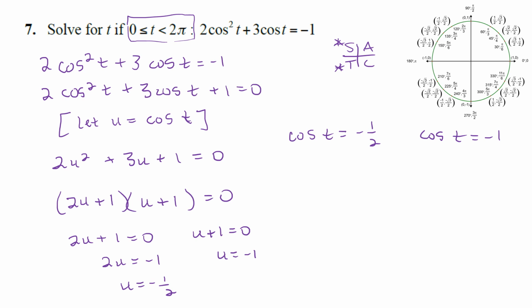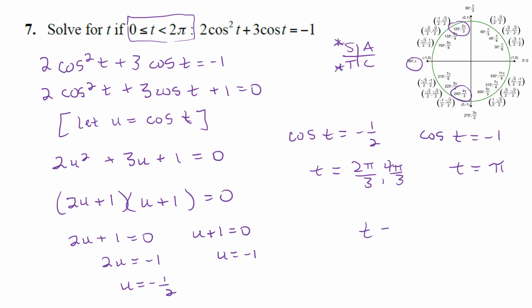We have pi, because that's where cosine is negative 1. And then for negative 1/2, we have 2 pi over 3 in quadrant 2. And we have 4 pi over 3 in quadrant 3.